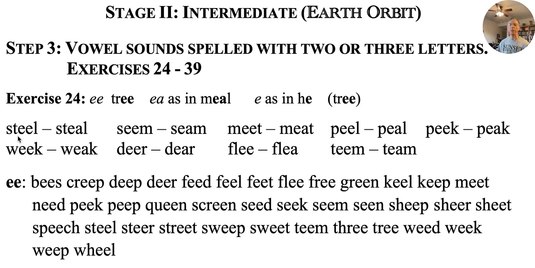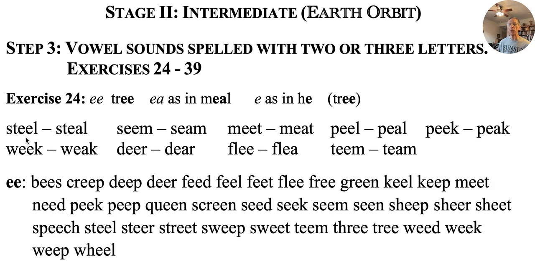These are called homonyms, 2 words that sound the same, but they're spelled differently and have a different meaning. The first one is steel, like a piece of metal. The hammer is made out of strong steel. Steel. So if I were to ask you to spell this word, I would say: spell steel. The hammer is made out of strong steel.